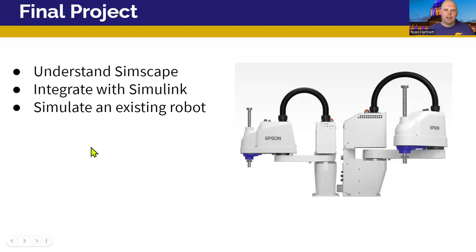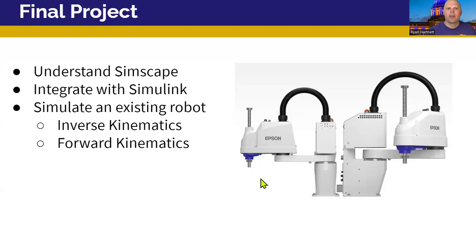In this final project, we were supposed to simulate an existing robot and use inverse kinematics, where we have a desired end effector position, which is this up and down, and from that get the joint trajectories and positions to control the robot where we want it to go. We can also do the opposite, work from the base and understand the forward kinematics of the robot and control the end effector that way.